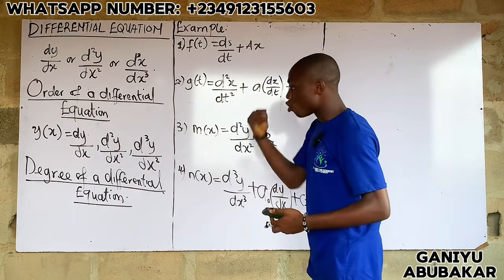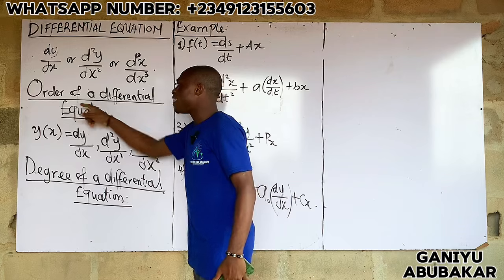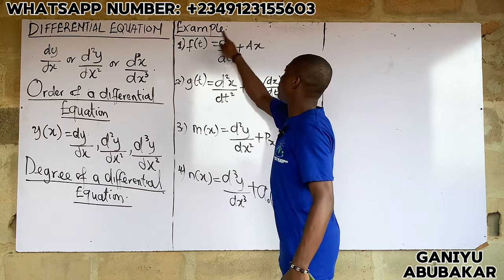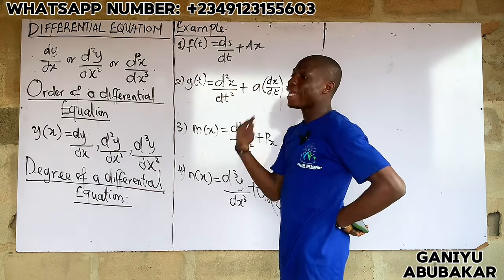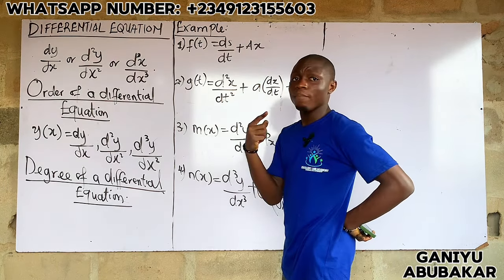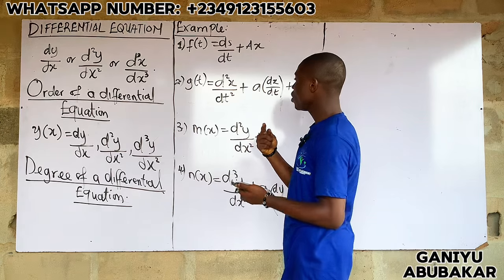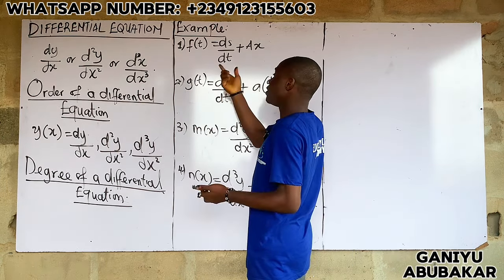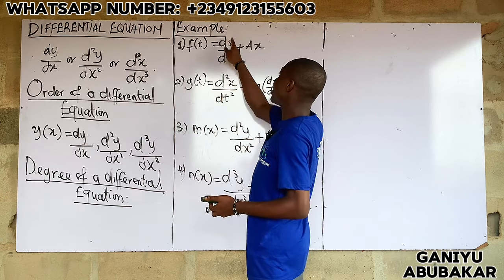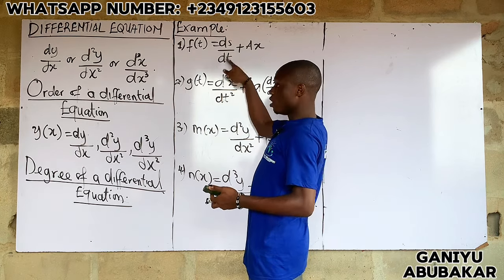When it comes to order, you look at this equation and see which one has the highest differential coefficient. So this is ds over dt. Perhaps the idea is that this is ds over dt to power 1, if you want to, right?